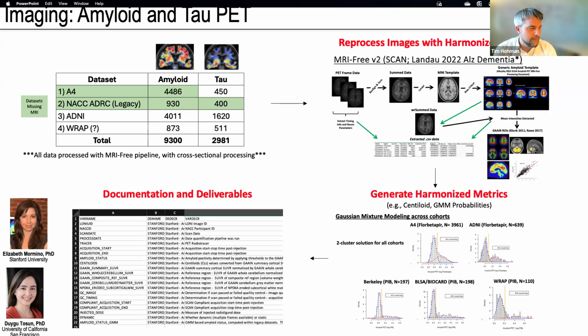So after all that's done, they then document it, and those deliverables are put up, both the harmonized metrics that can be used in analysis, but also the code and the approach so that people can apply those in their data sets if they so choose. And also, they can take another approach if they don't prefer what we've got. So far, they've completed this harmonization on more than 9,000 amyloid PET scans and 3,000 tau PET scans. And these data are just continuing to grow.